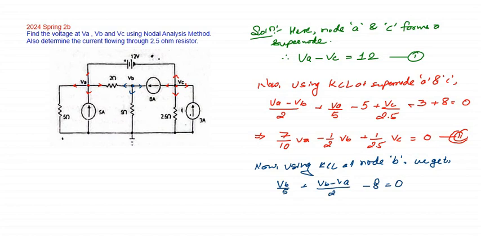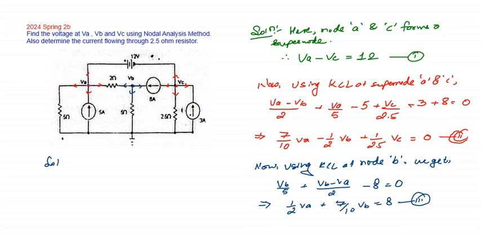Simplifying, we get minus 1 by 2 VA, writing VA first, plus 7 by 10 VB equals 8, and this will be equation number 3.